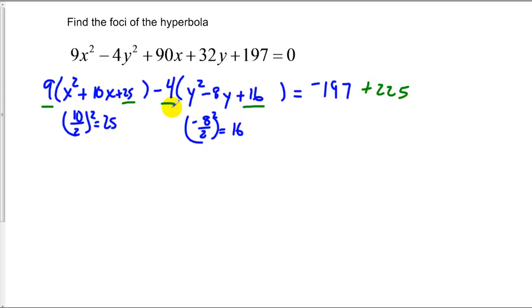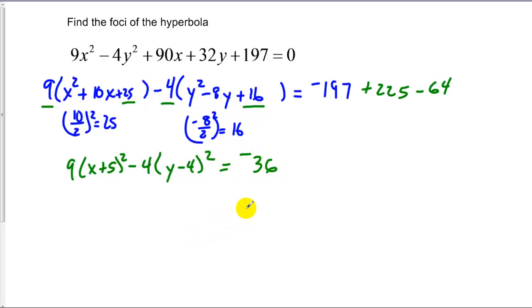from the x's. And in this case, notice since I'm distributing a -4, I'm subtracting 64. So I have 9 times the quantity of x plus 5 squared minus 4 times the quantity of y minus 4 squared is equal to -36.